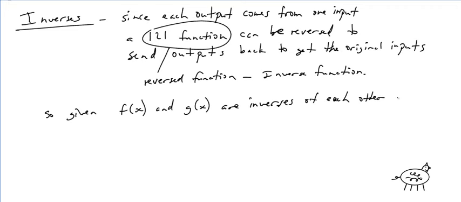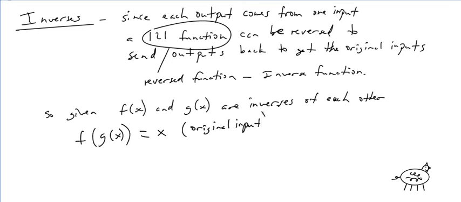So if I told you that f of x and g of x are inverses of each other, that means f of g of x, if I plug that function into the original function, I will get that equal to x, which is your original input. Same thing if I do g of f of x. That's the same thing. It's also my original input. And close parenthesis. So that's important. That has to be true.